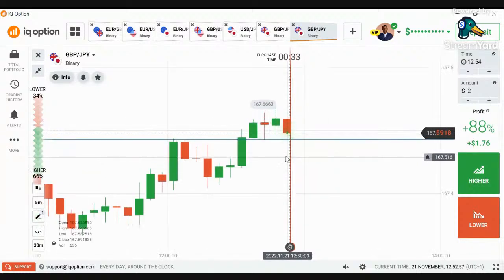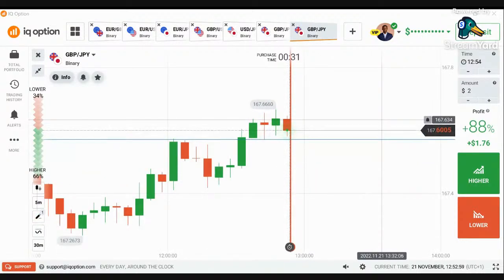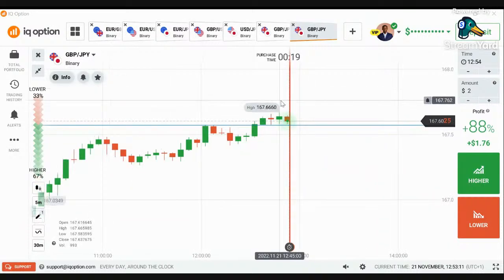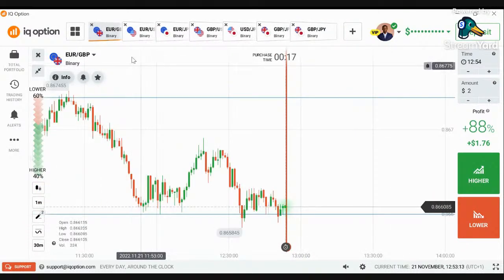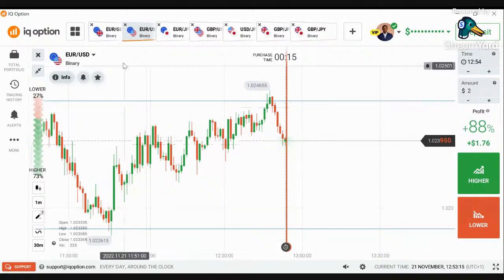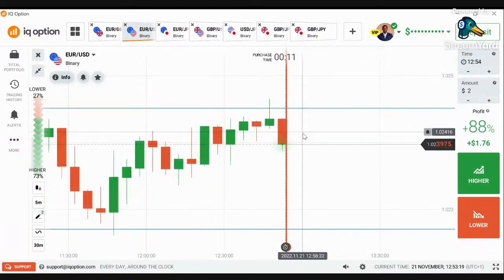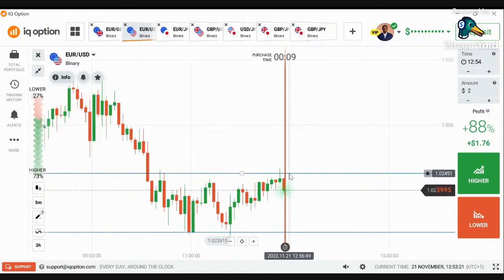Okay, so looking at the markets, JPY failed to continue this higher high, higher low pattern. It's selling, but it's kind of ranging within here, so the market direction is not clear yet. Euro USD has been dropping well since it got to that resistance level.